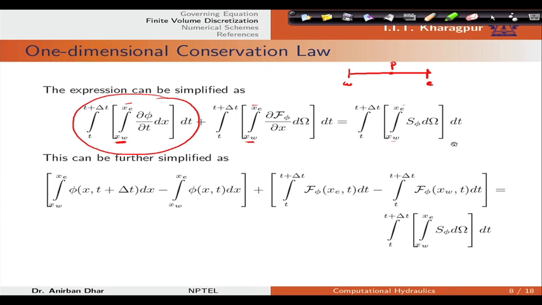Now, if we simplify this, we can write it in discretized form, and here this is t to t plus delta t level.